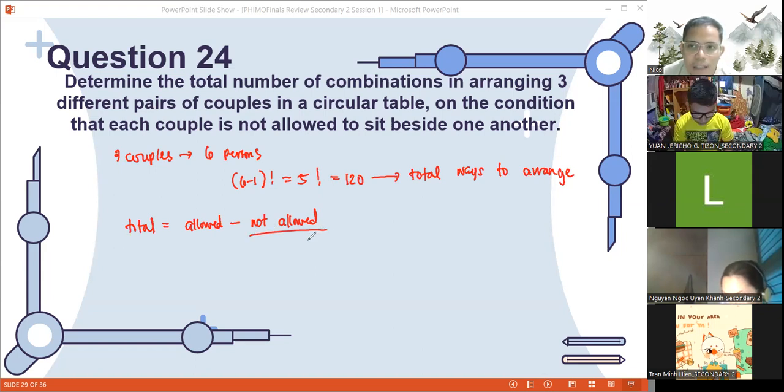It's stated here that it is not allowed. Right? So to solve for the allowed here, there are 3 couples. So by circular permutation, 3 factorial. And then there are 3 of that couple, so 2 raised to 3. Okay, so that's 2 raised to 4, so that's equal to 16. Right? So out of 120, you subtract 16, so the answer is 104.